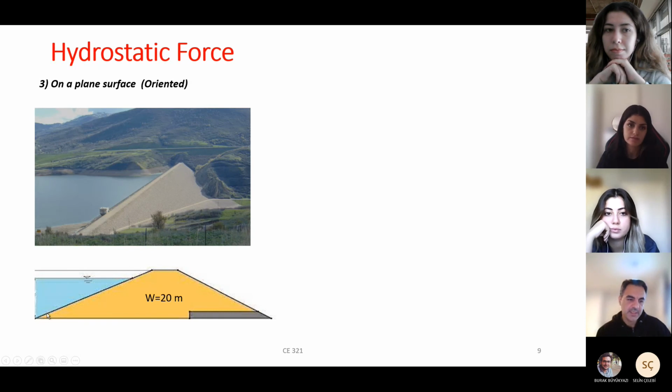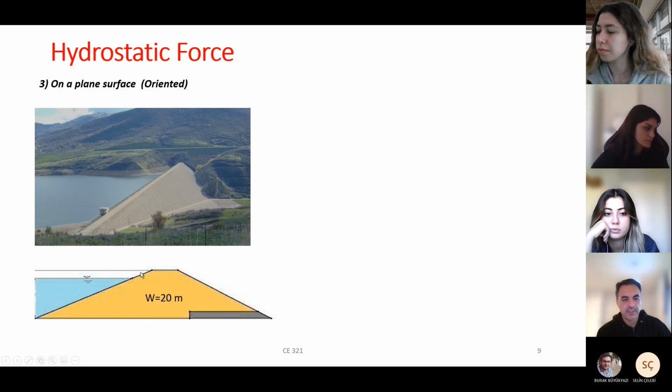Now we are going to see another plane which is oriented. By this I mean that there is an angle between the vertical plane and our desired plane which is in contact with water. Such oriented planes we usually have in earth-filled dams.